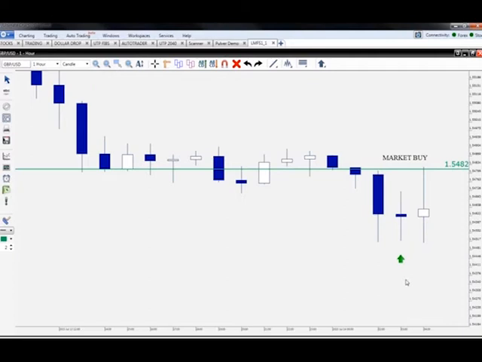Now, the next order of business is to set our stop loss. When we're buying into the market, we are going to set our stop loss right at the low.